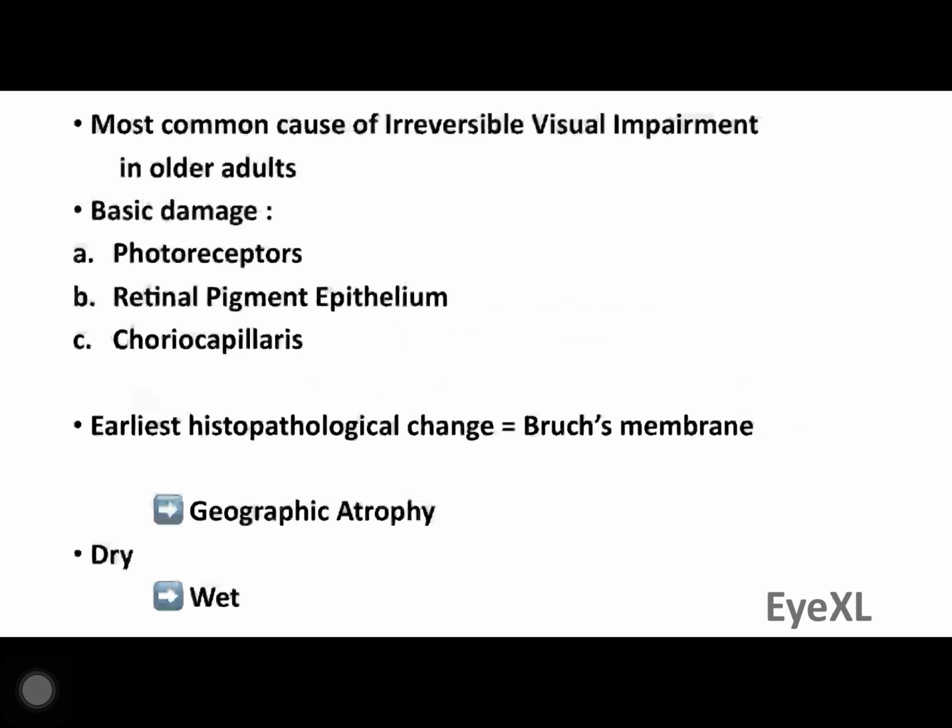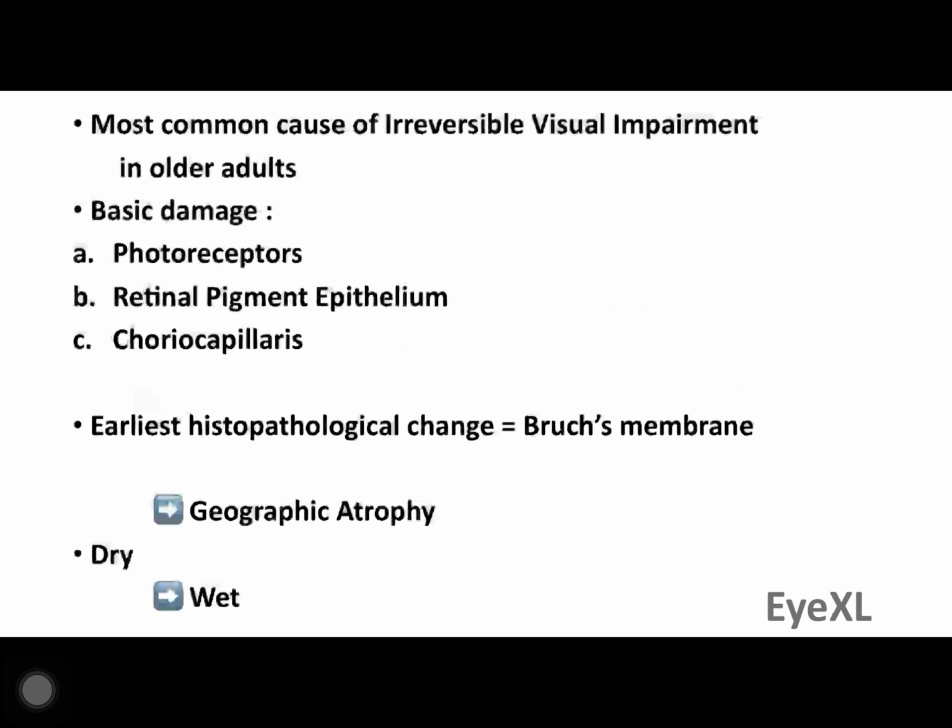Classically, ARMD is divided into two types. There is a dry ARMD, where it is called dry because there is no formation of new blood vessels, and exactly opposite is a wet ARMD, in which case there is neovascularization. So invariably, ARMD will almost always begin as a dry case of ARMD, which can progress into two outcomes. Either it can lead to a geographic atrophy, which is basically a very widespread dry ARMD.